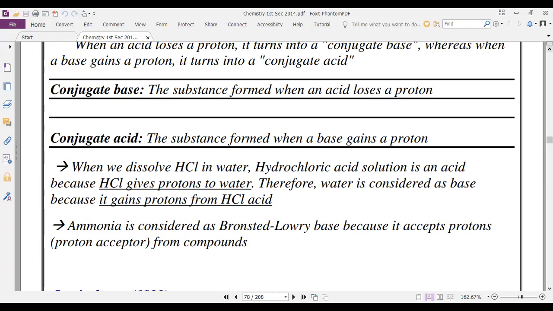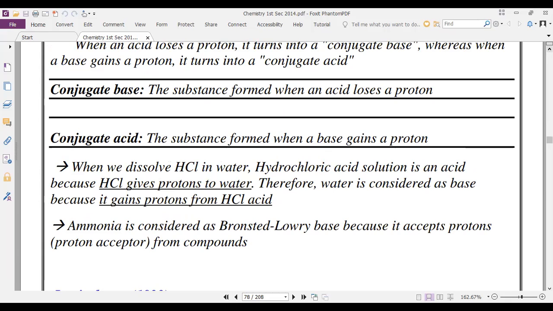Right. So when we dissolve HCl in water, the hydrochloric acid solution is an acid because HCl gives a proton to water. Therefore, water is considered as a base. Why?